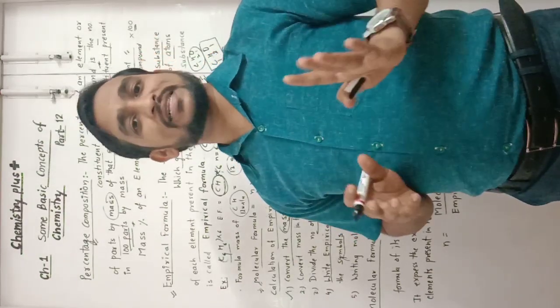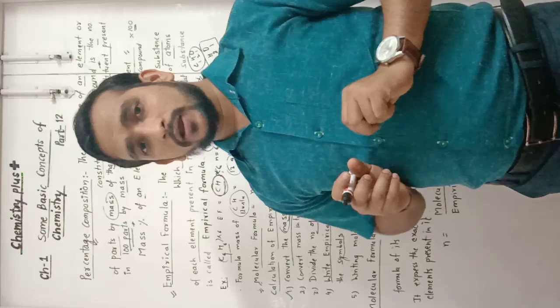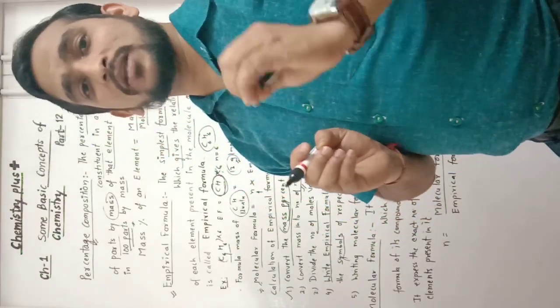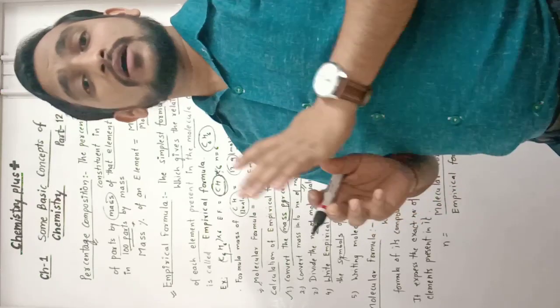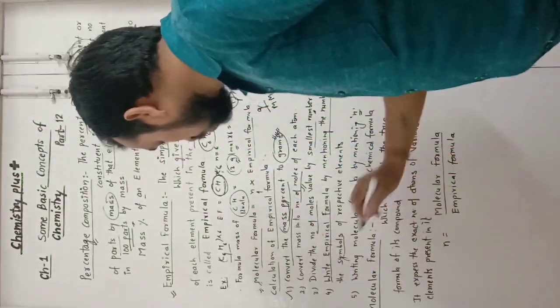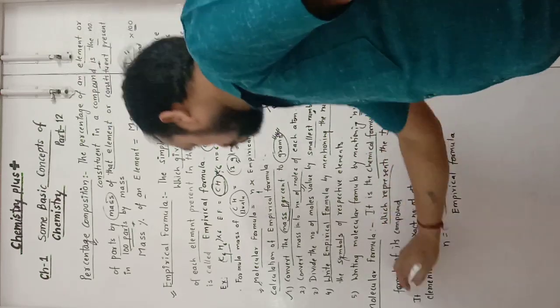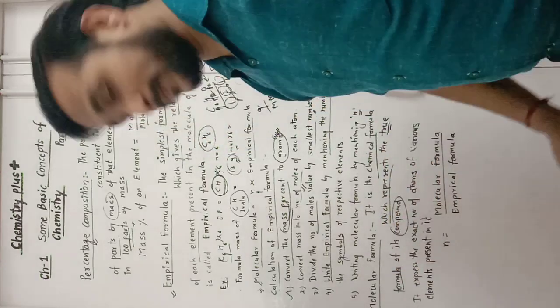It does not tell us the true value of the compound. But the molecular formula tells us the true and exact number of atoms present in the compound. It is a chemical formula which represents the true formula of any compound.